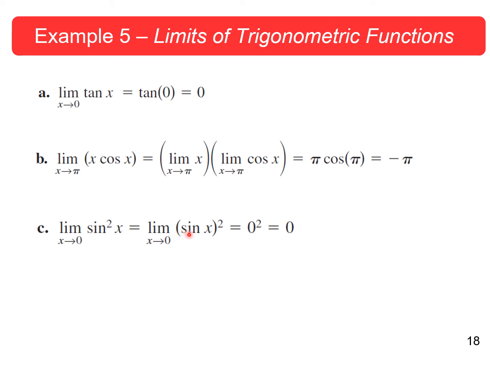So we have the limit of sine of x as x approaches 0. The limit of sine of x as x approaches 0 is equal to 0. So you have here 0, and then you square it because this is being raised to 2. So 0 squared is still equal to 0.